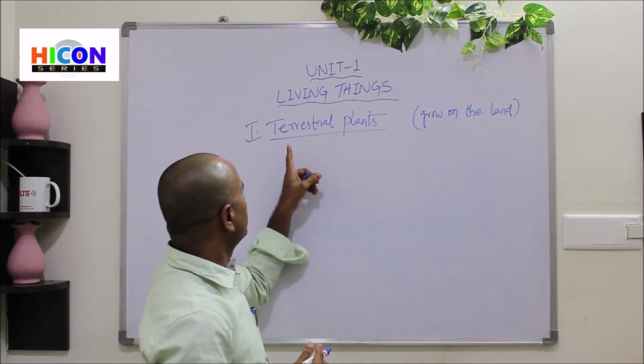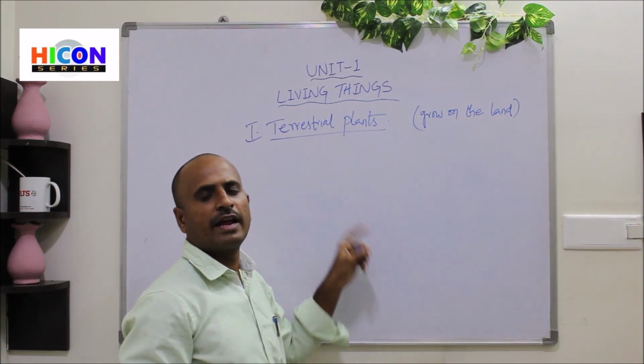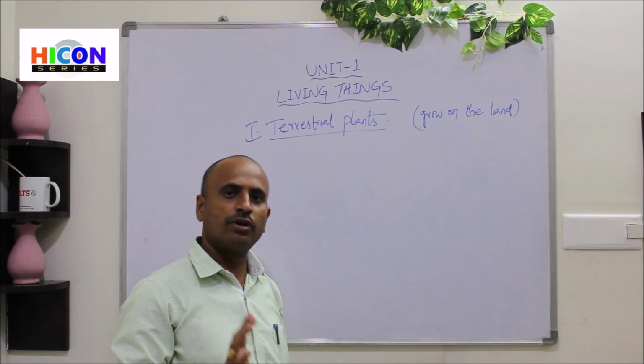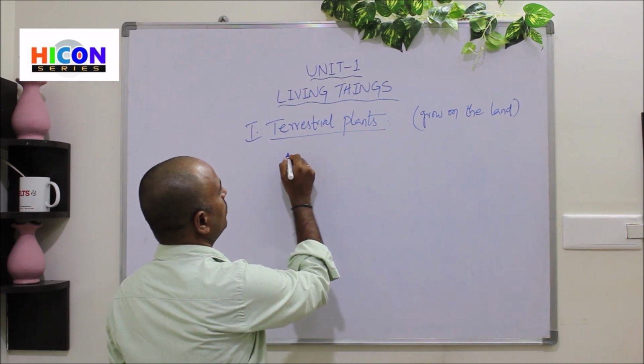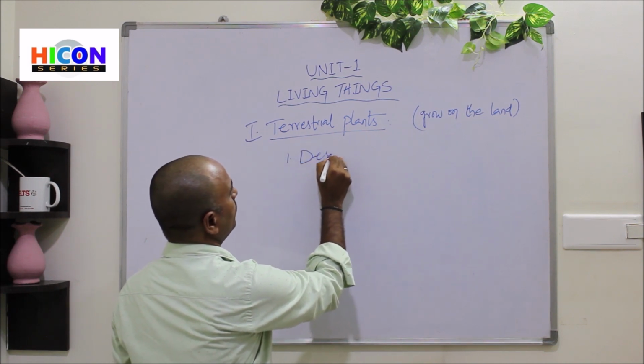These terrestrial plants are again divided into four types. The first one is desert plants.